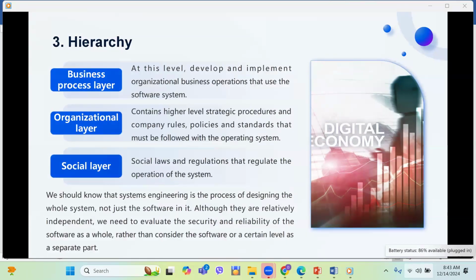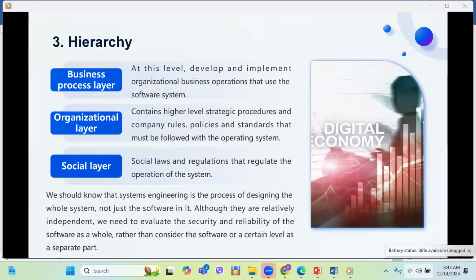The business process layer: at this level, organizational business operations that use a software system are developed and implemented. The organizational layer contains higher-level strategic procedures and company rules, policies, and standards that must be followed with the operating system. The social layer: social laws and regulations that regulate the operation of the system.